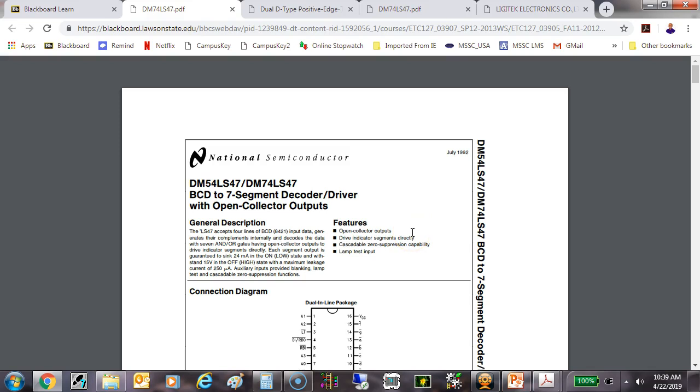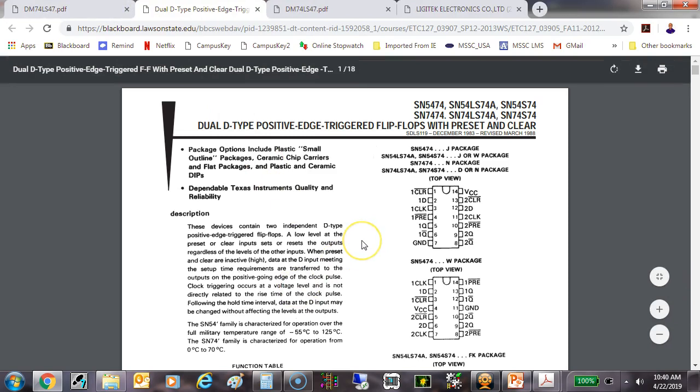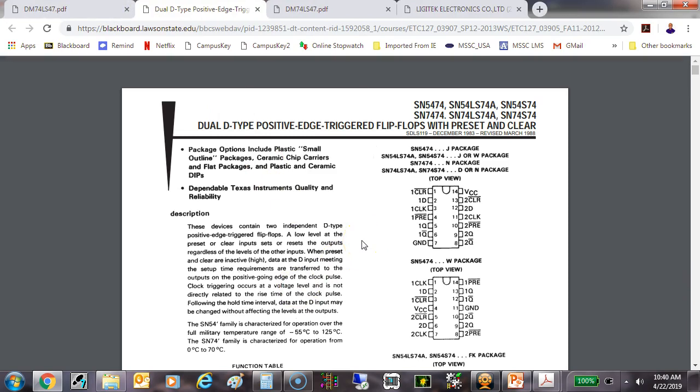On one of the labs. Oh, I remember, baby. I said a 74138 was a binary to octal decoder. The question said octal to binary. The question didn't say binary to octal.